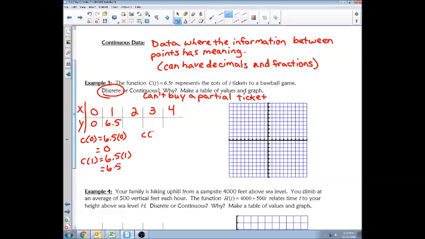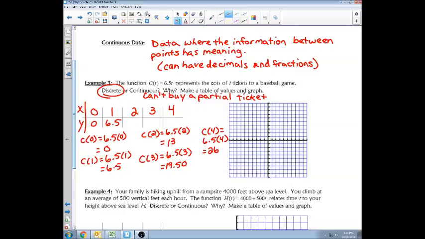The cost of 2 tickets to a baseball game would be 6.5 times 2, which equals 13. The cost of 3 tickets to a baseball game would be 6.5 times 3, which would actually be $19.50. The cost of 4 tickets to a baseball game would be 6.5 times 4, which would actually be $26.